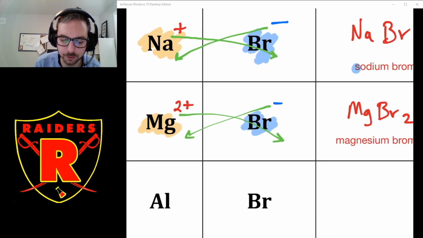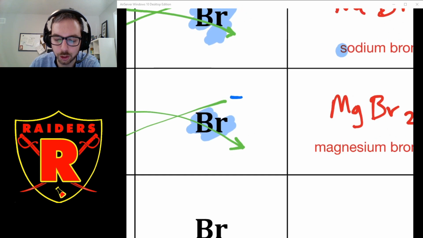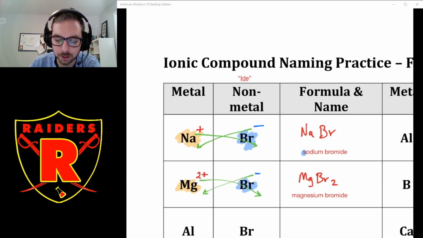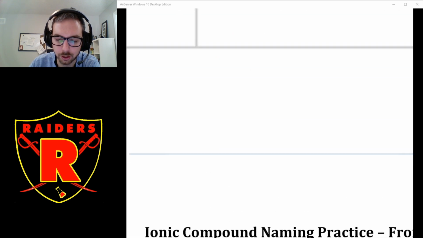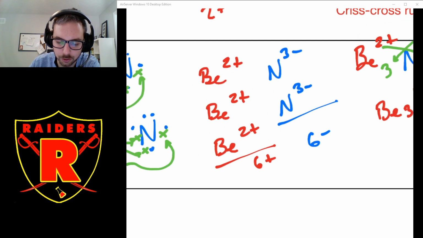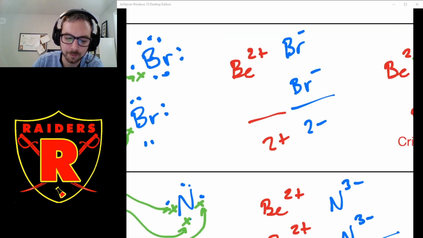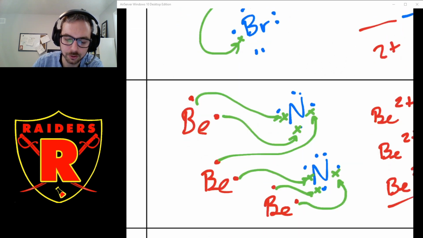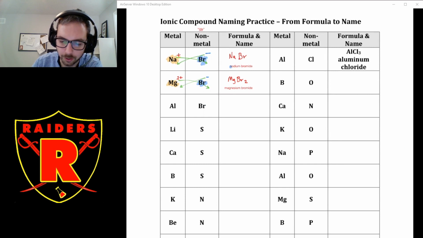So if you follow this crisscross rule, you're always going to end up making sure that the total charge is going to be 0. You'll have the right number of the metals and the nonmetals to make the total charge 0. So that's what we're always trying to figure out: how do you make the total charge 0? Here it's 0. So if you have the right number of each of these, your total charge is always going to be 0.